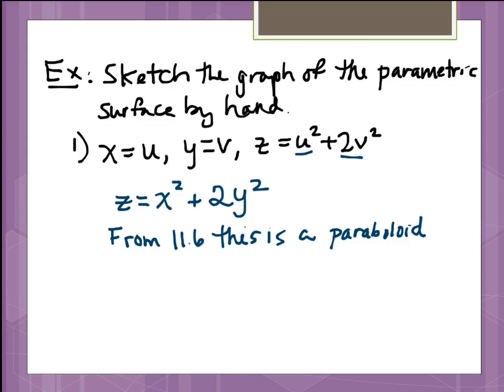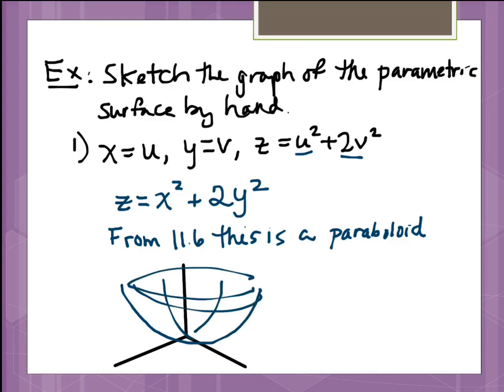So in terms of your graph, this would look something like this. Can you see a three-dimensional shape there that looks sort of like a bowl? Are you good with that? It's about as good as my sketches get. So it should look like a parabola, both around the x-axis and up around the z-axis, both with respect to x and respect to y.